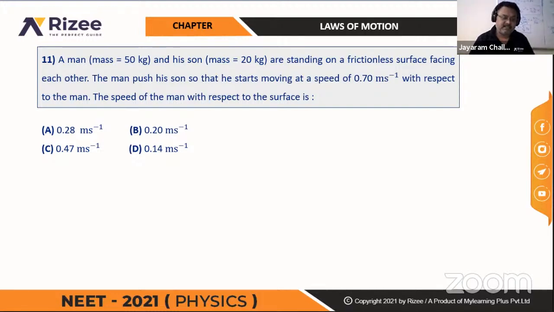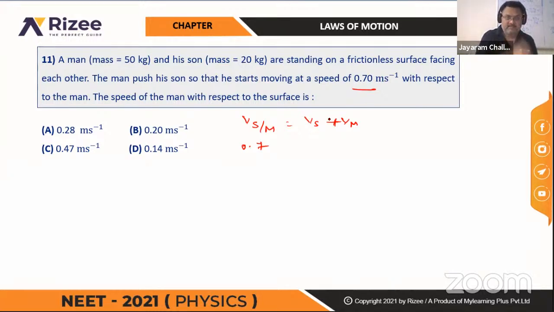The speed of the man he is asking. So according to relative theory, velocity of the son with respect to the man is equal to velocity of the son plus velocity of the man. So these two are same. The velocity of the son with respect to the man, this value he has provided, 0.7 meter per second.